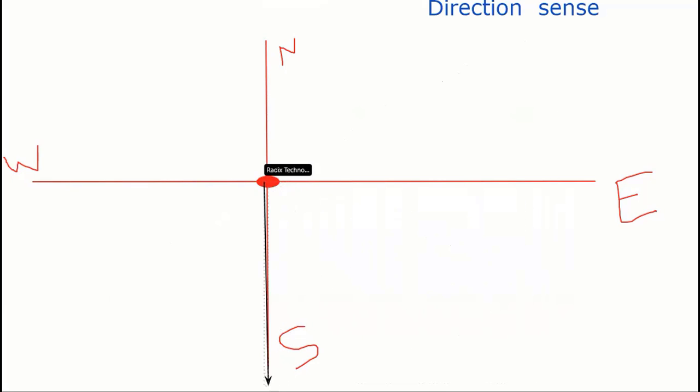Clockwise, it would be south. Correct, everybody? Is everyone okay on this? Clockwise, anti-clockwise. See, this is the original point. This is 45 degrees. This is 90. 135, 180, 270, and finally 360. Right, everybody? Clockwise.